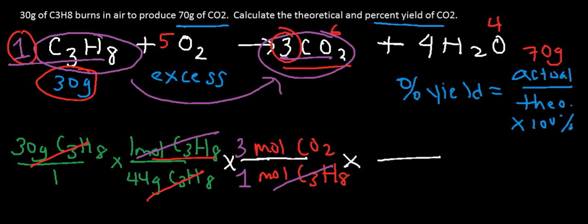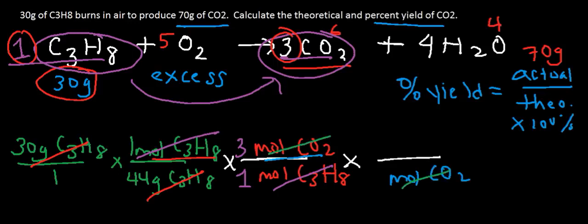The last step is to convert from moles back to grams. Whenever you convert from grams to moles or moles to grams, you need to use the molar mass in the periodic table, which is the same as the atomic mass. Carbon has an atomic mass of 12, oxygen is 16, and there's 2 of them, so that's 32 plus 12, that's 44. Now, because we have moles of CO2 on the top left, we need to put moles of CO2 on the bottom right. We want those units to cancel.